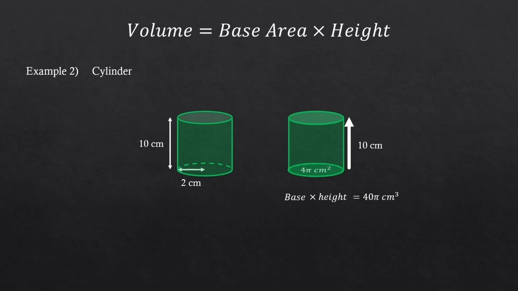So the volume of this cylinder is 40 pi centimeter cubed. If things aren't clear to you yet, I recommend you to go back to example 1 and watch it again before it's too late.